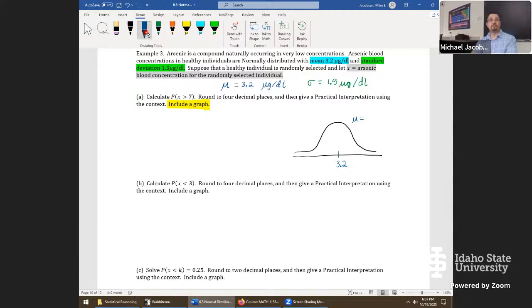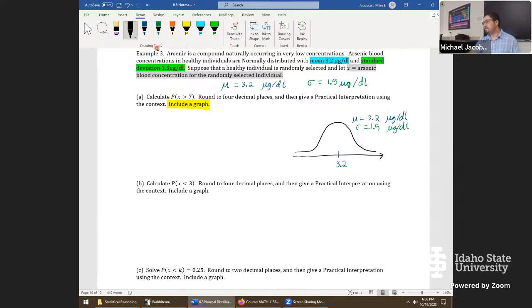And I like to get in the habit of writing these parameters off to the side, just as a reference when I go to calculate. I wouldn't say these things I'm putting down are as necessary, but if it helps you out, then decent habit. So I'll put 3.2. Sigma is 1.5.